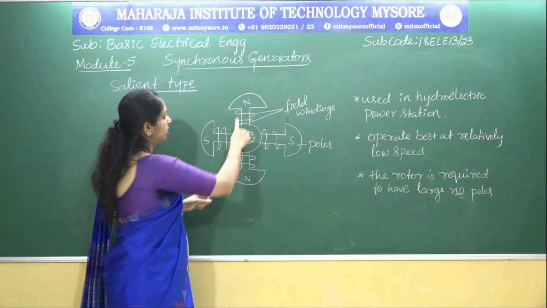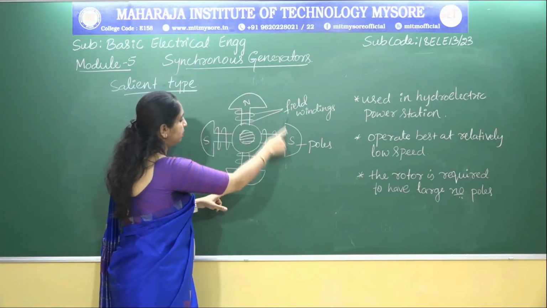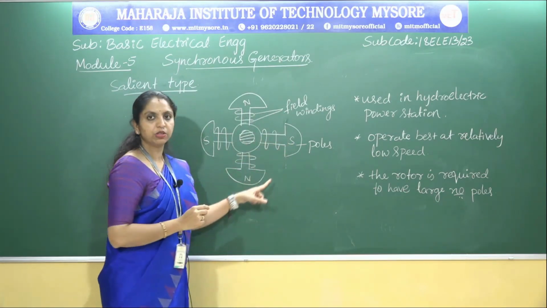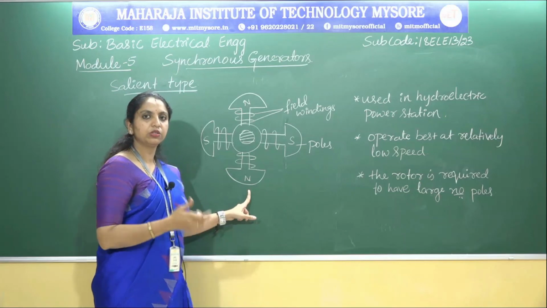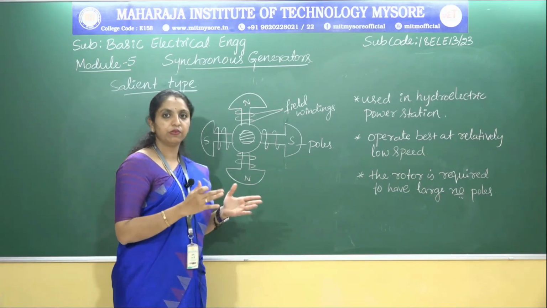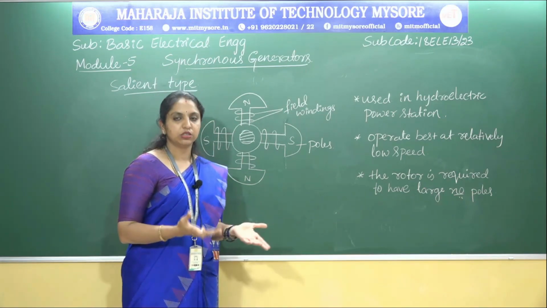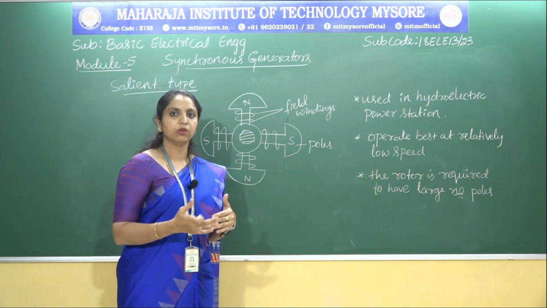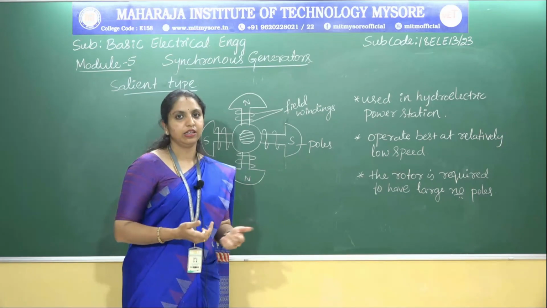And of course, here you can see the tips are rounded. The pole tips are well rounded so as to make the flux distribution nearer to a sine wave, which improves the waveform of the generated EMF.